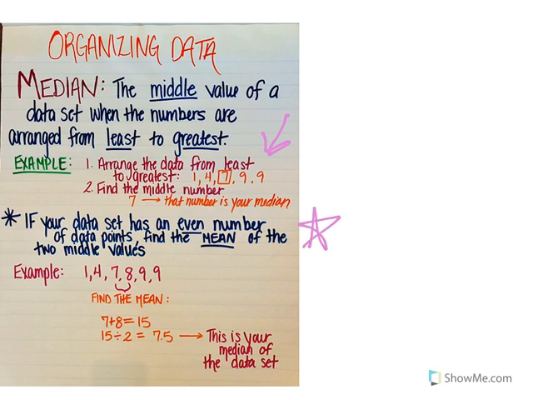As a reminder, if your data set has an even number of data points, find the mean of the 2 middle values. So if you don't have just one digit exactly in the middle of your data set, you will need to find the average of those 2 middle numbers.